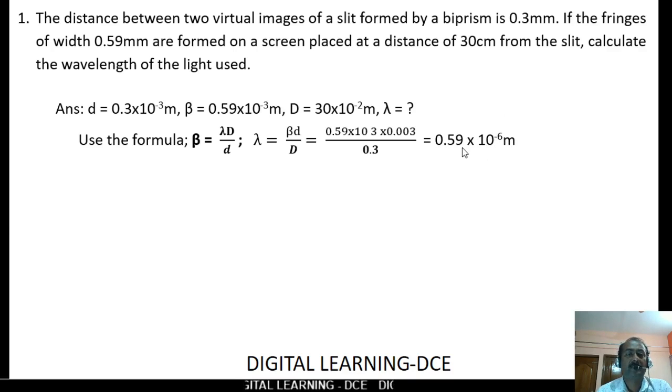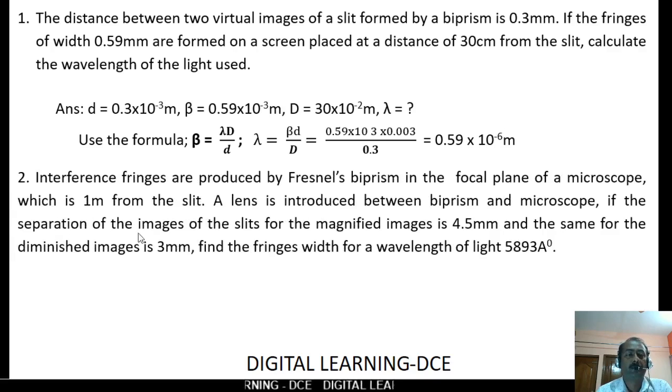Let us see the second problem. Interference fringes are produced by Fresnel's biprism in the focal plane of a microscope, which is 1 meter from the slit. A lens is introduced between biprism and microscope.